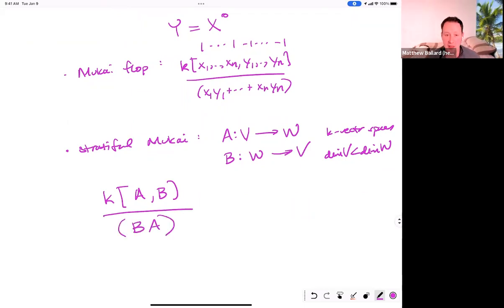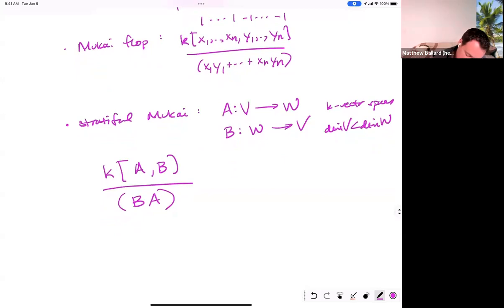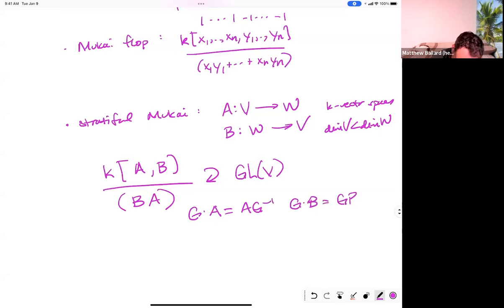So that's just the previous example, but with a higher dimensional source and target for V. And what's the action here? Well, the action is via the only obvious GL(V) action you can put on this space. Precisely, g·A is A g inverse, and g·B is gB.